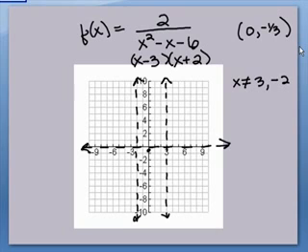Let's do another point. 1 is a fairly simple one to do. In the denominator, we plug in a 1 for the x and see what the y value is. So 1 minus 1, those cancel, and then minus 6, so we get a negative 6. So we get 2 over negative 6, which is a negative 1/3.